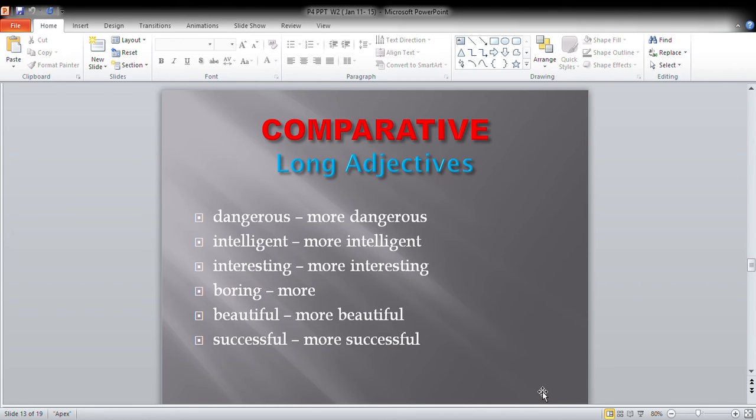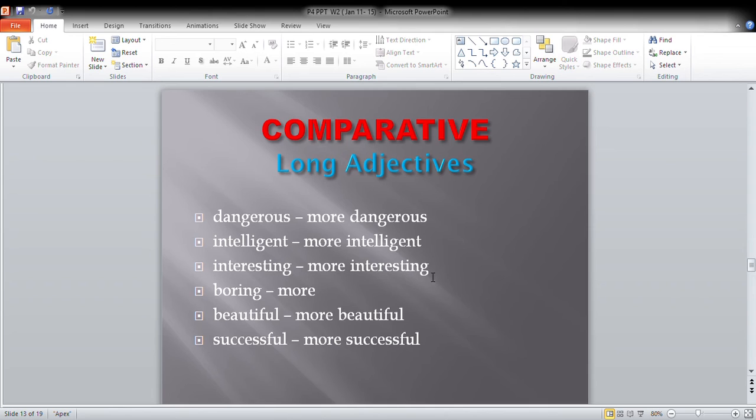Next, we have comparatives with long adjectives. Dangerous becomes more dangerous. Intelligent, more intelligent.